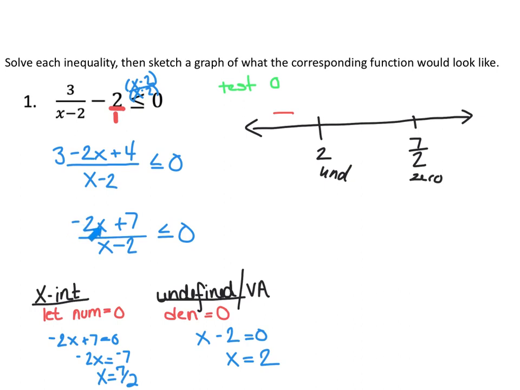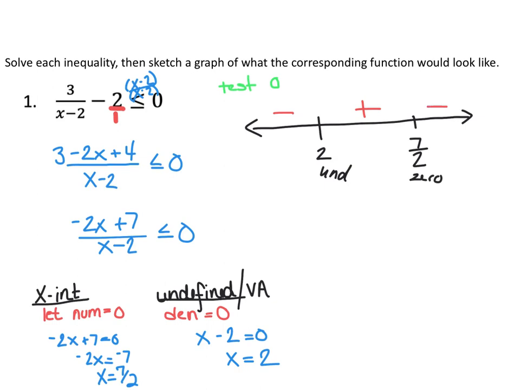Negative 2 times 3 is negative 6, plus 7 is a positive. 3 minus 2 is a positive, and a positive divided by a positive is, of course, a positive. Now I pick a value to the right of my 0, like 5. Negative 2 times 5 is negative 10, plus 7 is a negative number. 5 minus 2 would be 3. Negative divided by a positive is again a negative value.